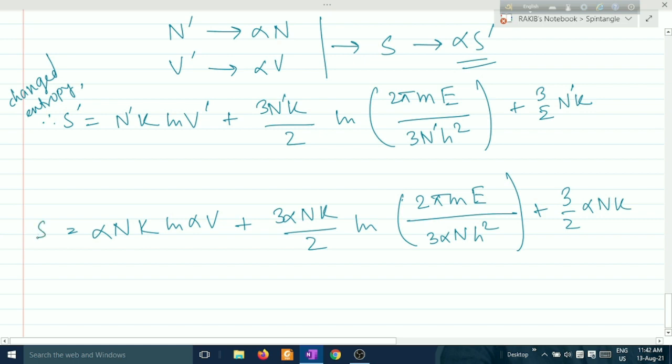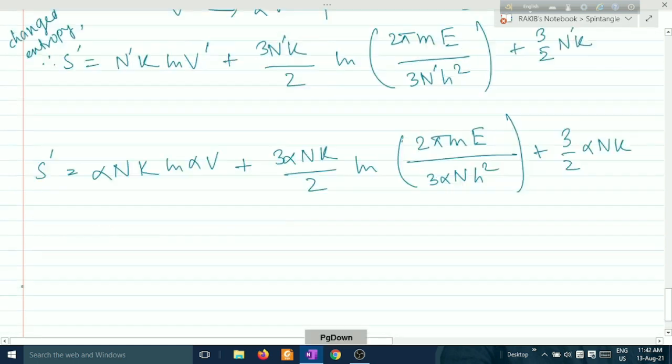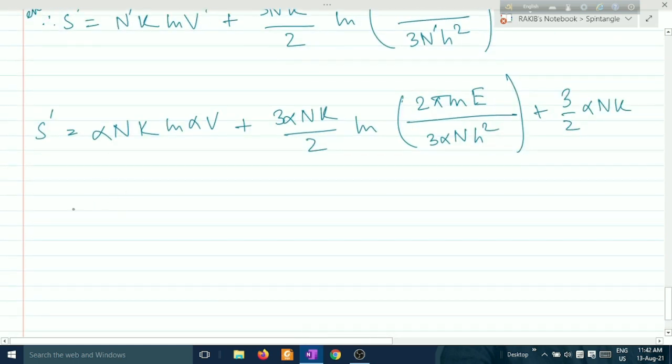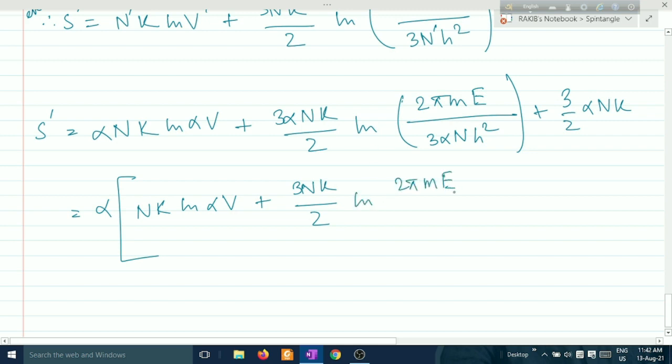Okay, this is the new entropy, or the changed entropy. Take alpha common from each term, that will become alpha nk ln alpha v plus 3 nk by 2 ln 2 pi me by 3 alpha nh square plus 3 by 2 nk.